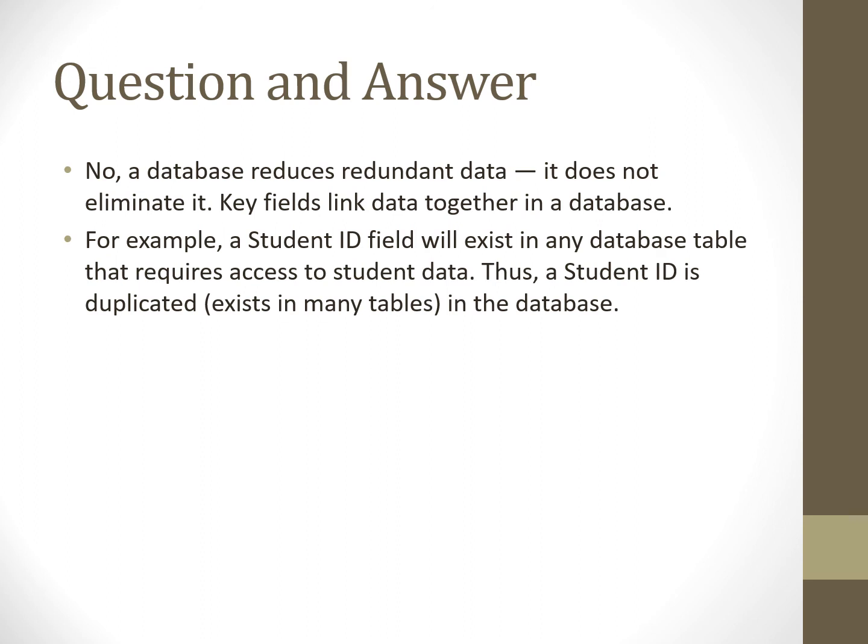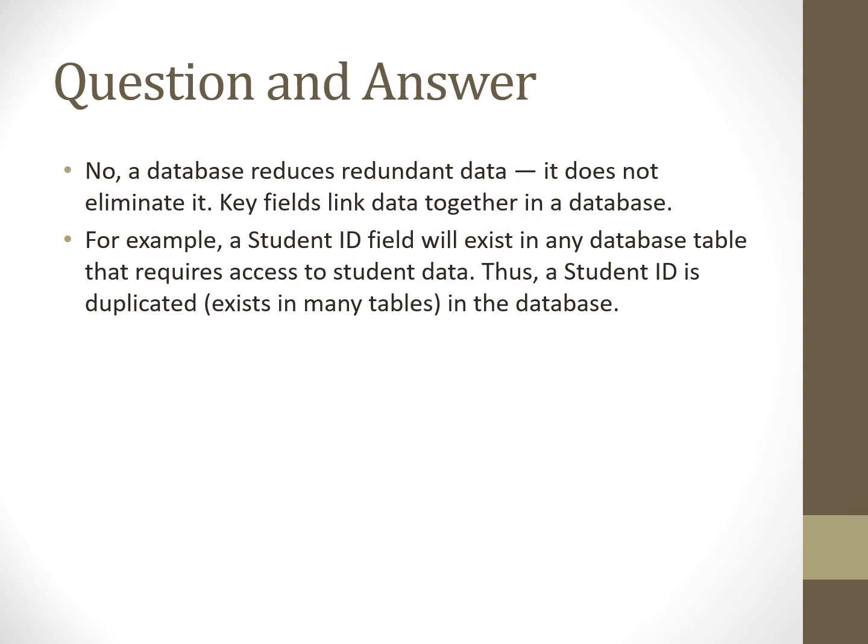Because we are going to retain the key field link of that data in order for it to be linked together in the database. Otherwise, we would not be able to link each of these tables together. So the foreign key acts as a glue to link all the tables in the database.